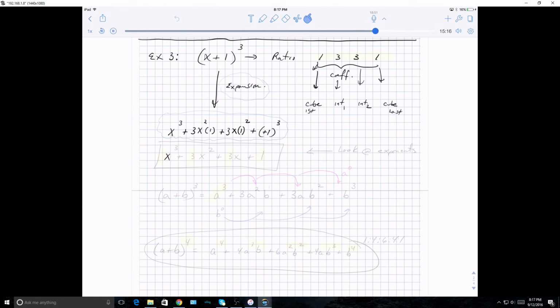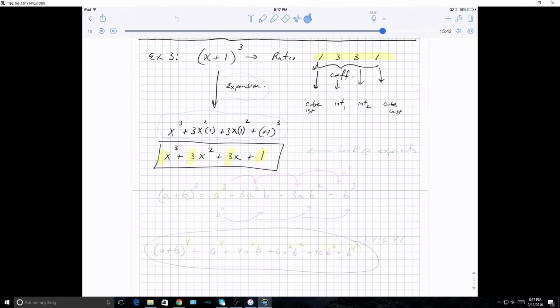So if we just pull this together, we have 3x squared plus 3x plus 1. And you can double check that to see, but if you see the ratios, there's really a 1 here, a 3, and there's really a 1 in front of that 1.